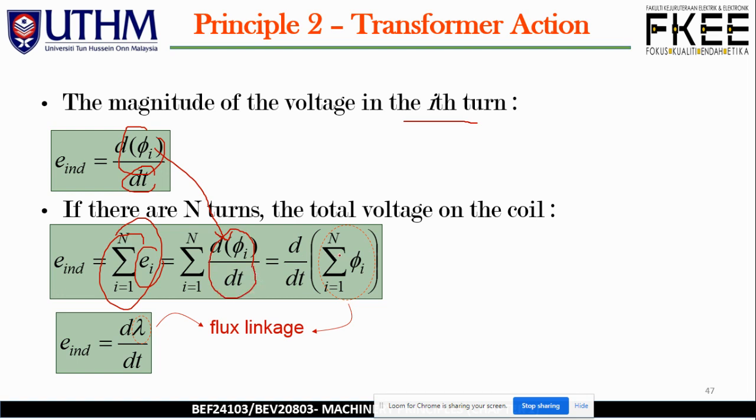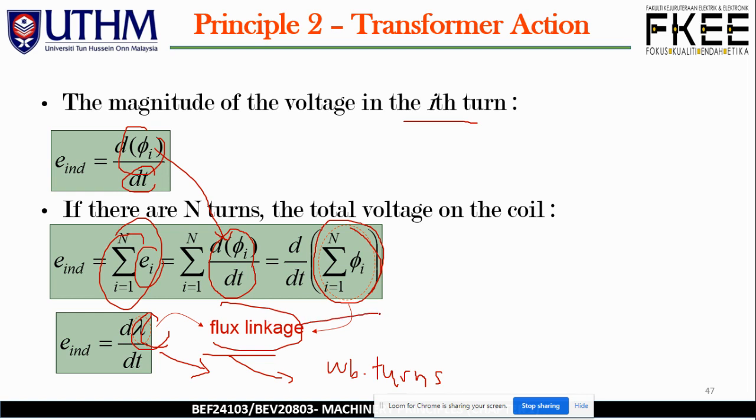Then we simplify the equation, and from here we know that this is actually the flux linkage. The lambda here, d lambda over dt, is the flux linkage. The unit of the flux linkage, lambda, is Weber-turns.